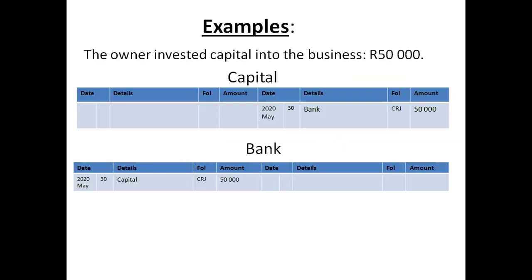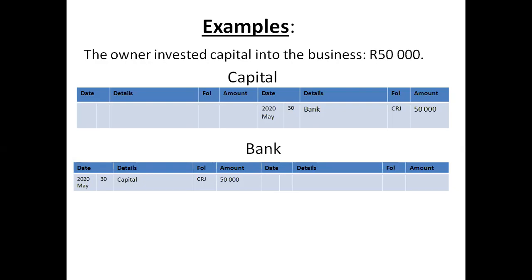And what is the friend now? Bank. Then in folio, you need to write in which journal you were supposed to write that transaction in. Now, a capital transaction is always going to the CRJ. And then the amount from the transaction, the 50,000.